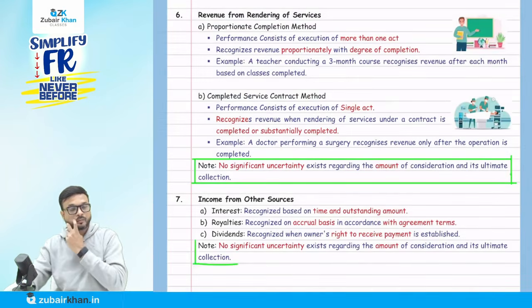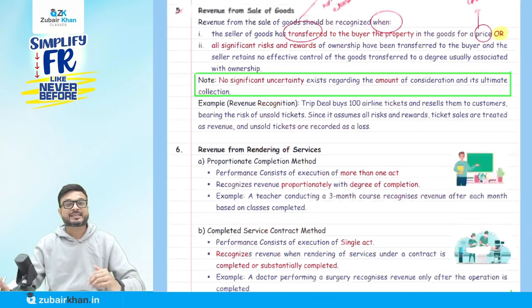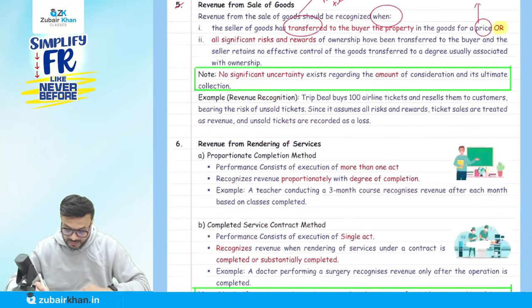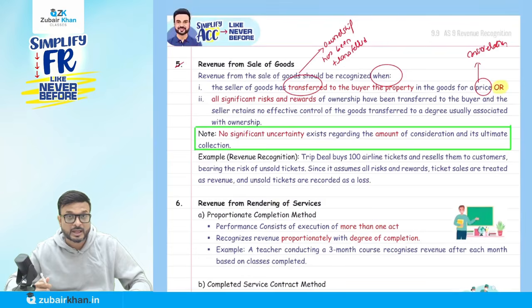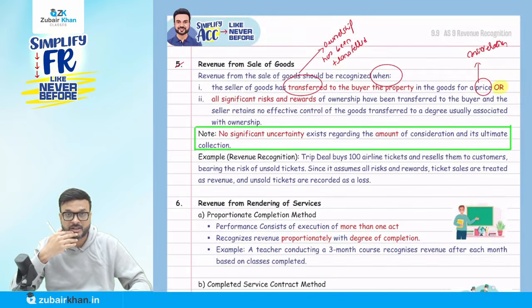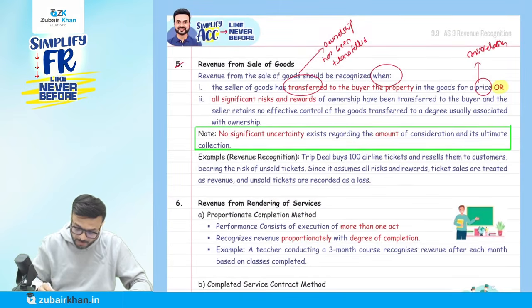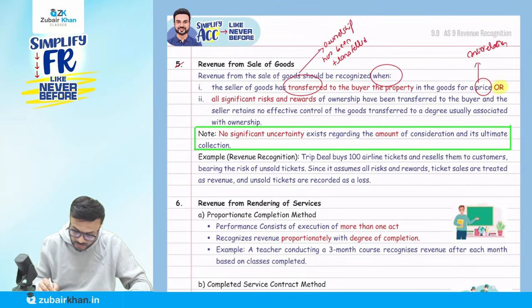Yes. Now listen carefully. When we are talking about the sale of goods, they say there should be no significant uncertainty regarding the amount of consideration and its ultimate collection. It means there is no uncertainty about the amount, how much I am to recover, and the ultimate collection.